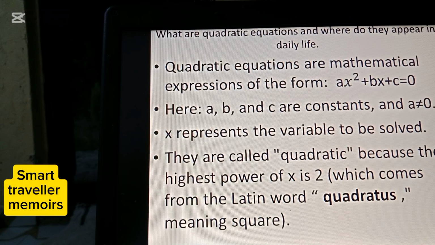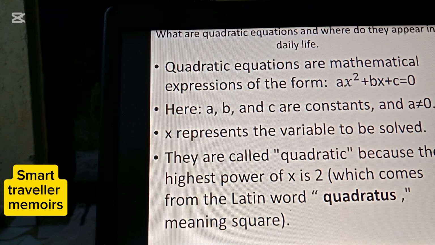What are quadratic equations, and where do they appear in daily life? Quadratic equations are mathematical expressions of the form ax squared plus bx plus c is equal to 0.